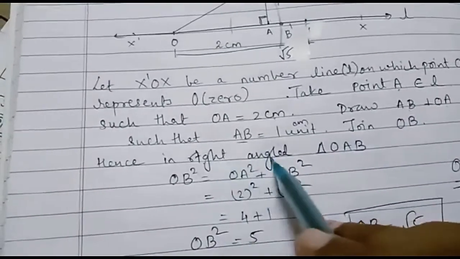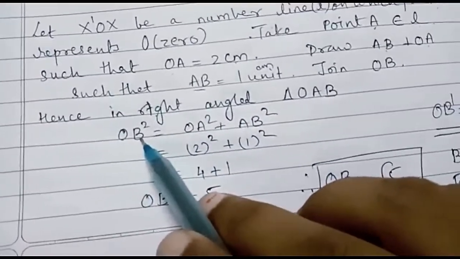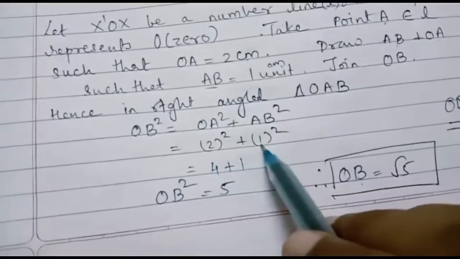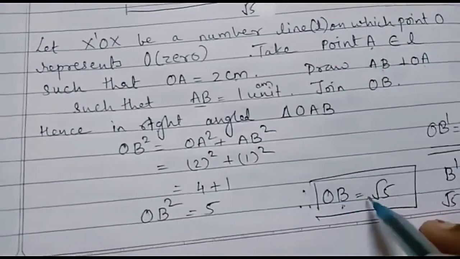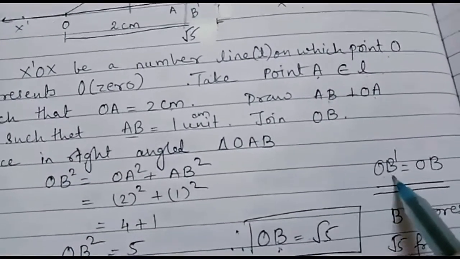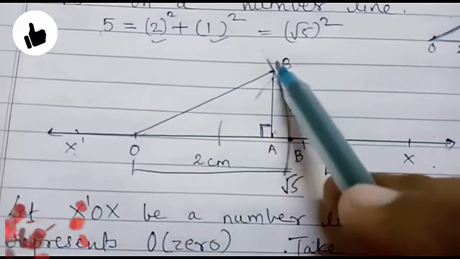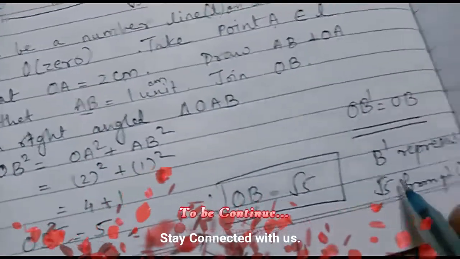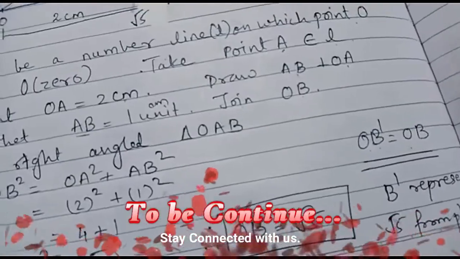Now in right angled triangle OAB, according to Pythagoras theorem, OB square is equal to OA square plus AB square, which is 2 square plus 1 square, which is 4 plus 1, which is 5. And so OB will be equal to root 5. What we can say is OB dash is equal to OB. So you can see in the figure, this is OB, which is equal to OB dash. Okay, and so B dash represents point root 5 from point O.